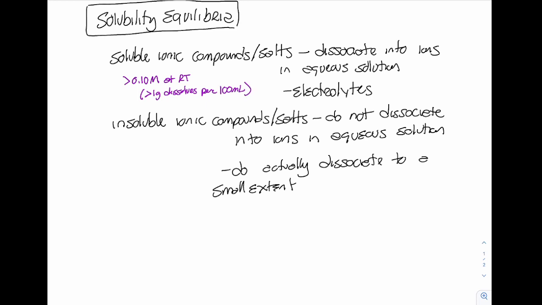If something is insoluble, kind of the cutoff for a small amount would be 0.001 molar. Again, at room temperature. So RT for room temperature, 25 degrees Celsius is considered room temperature. Maybe we should write it that way instead.